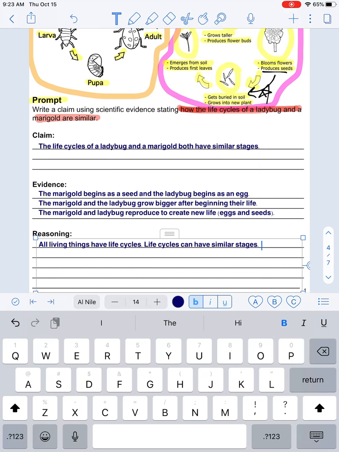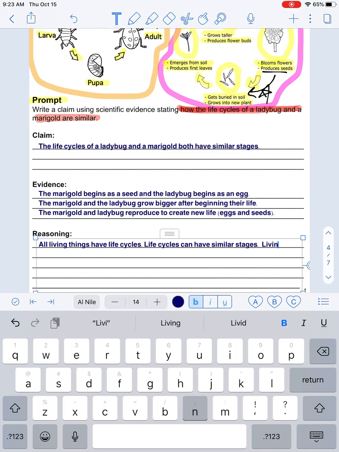So living things are first born, then they grow to become adults, they reproduce, and then die. Those are the stages of a common life cycle.